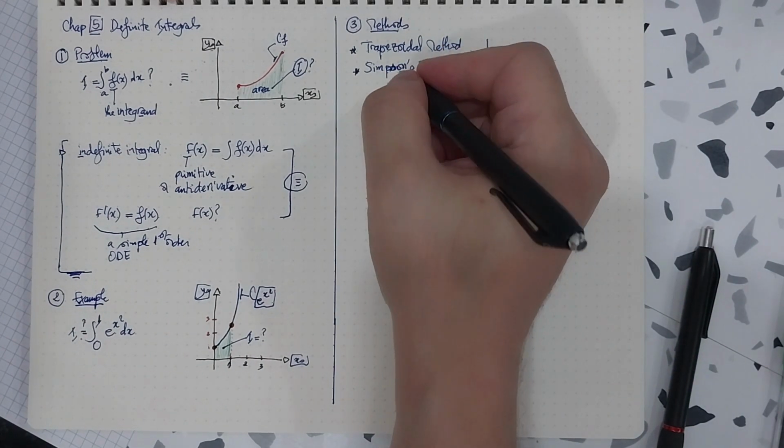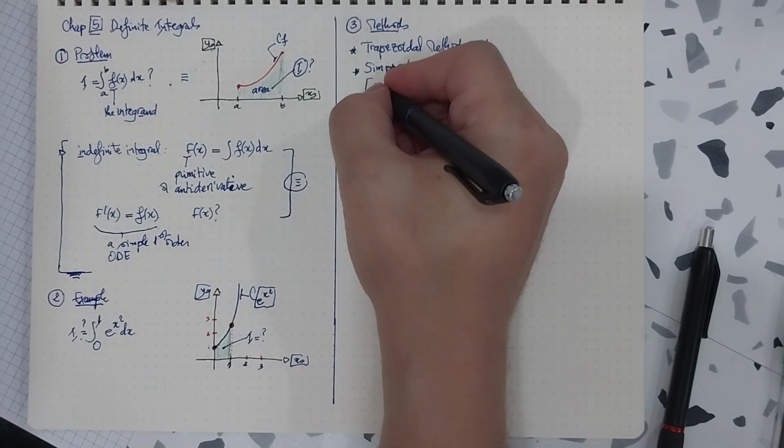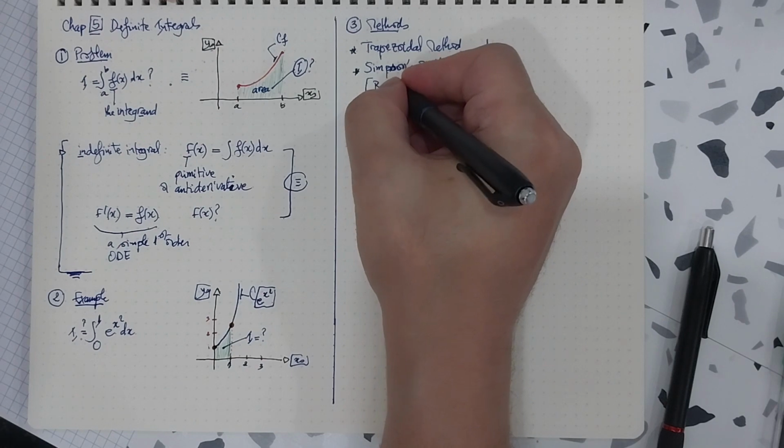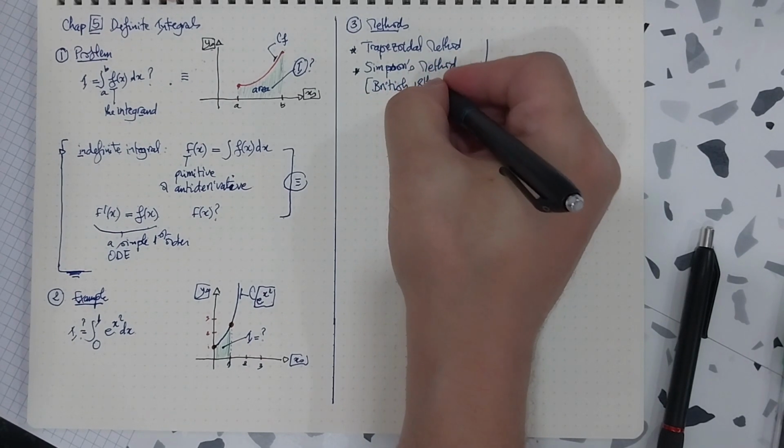Simpson is a British mathematician, Thomas Simpson, in the 18th century.